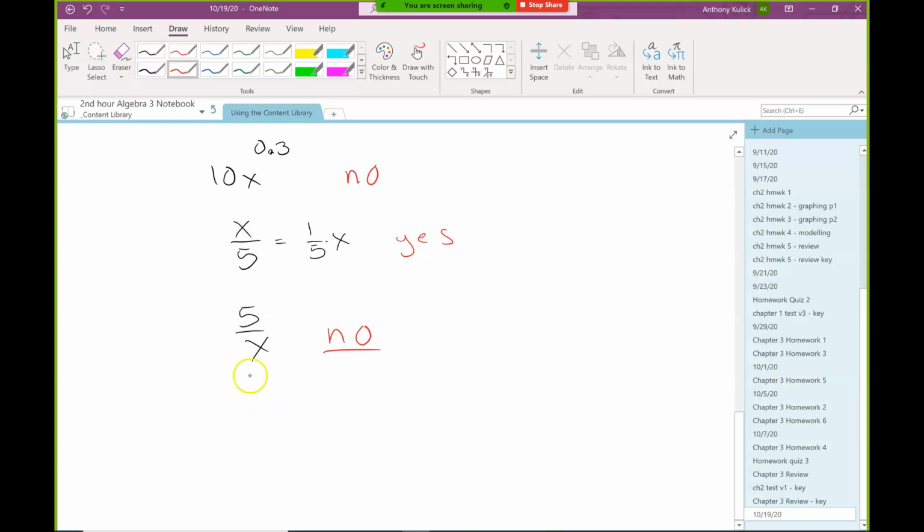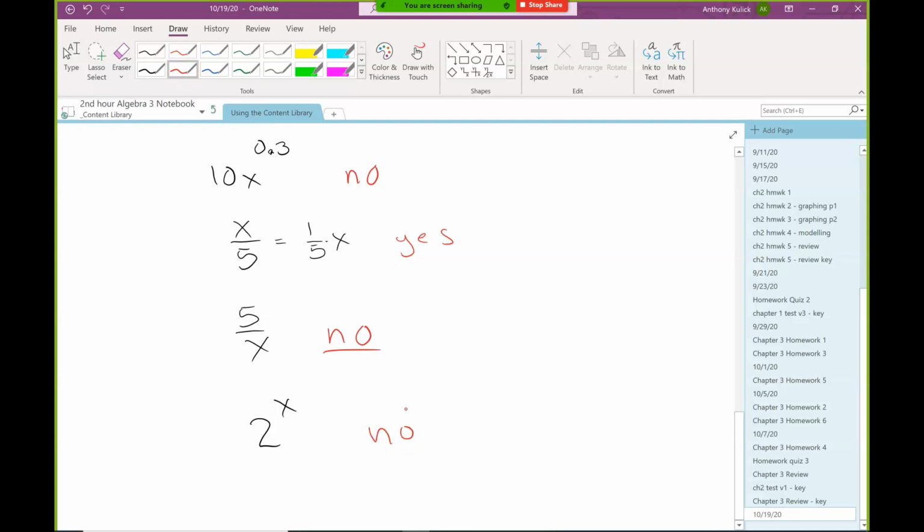What if we do this? Is this a monomial? This is no. Oh, sorry. Why is it not?